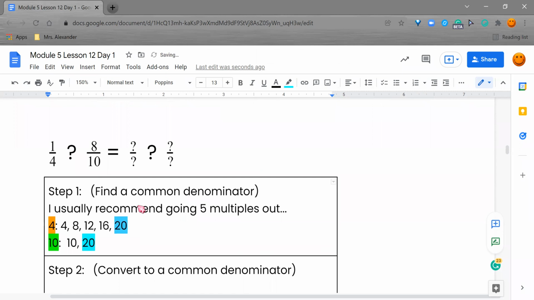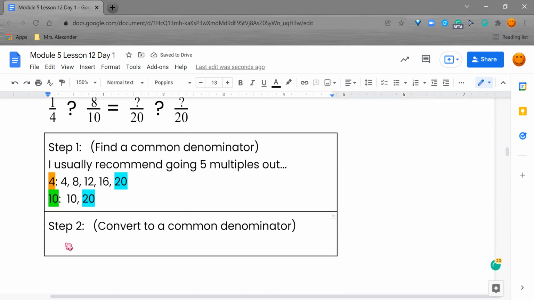Now, this is where you can do it differently, and I'm showing you a different way to do it. Just come right over here and quick put in your 20s, because we already know that's our common denominator, right, you guys? So right now I've got 1/4. I'm going to multiply some fraction, which equals 1, equals some number over 20.